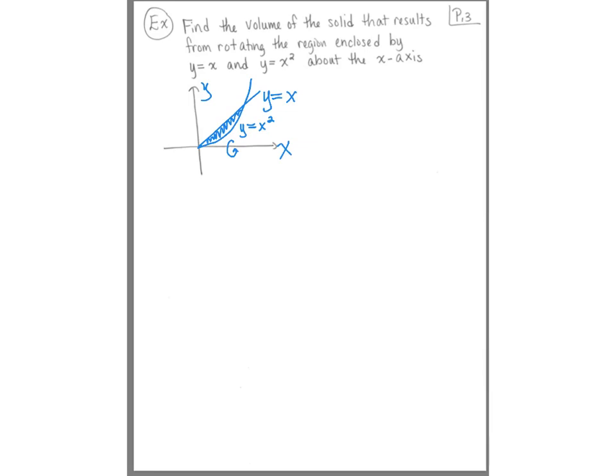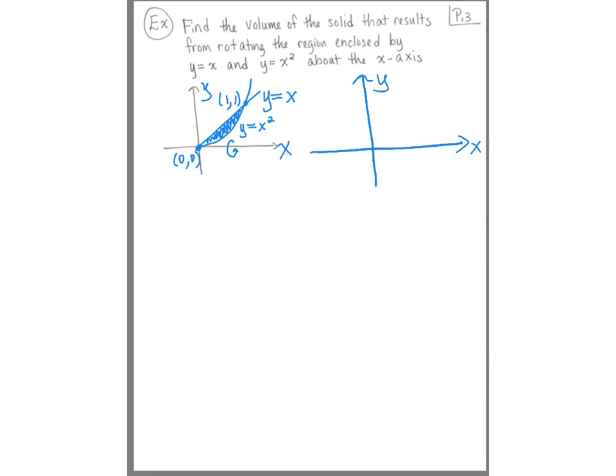So what are these points of intersection? You have the origin, and you have the point 1, 1. Now, whenever you take this region and rotate it about the x-axis, what kind of solid do we create? Well, let's draw it out.